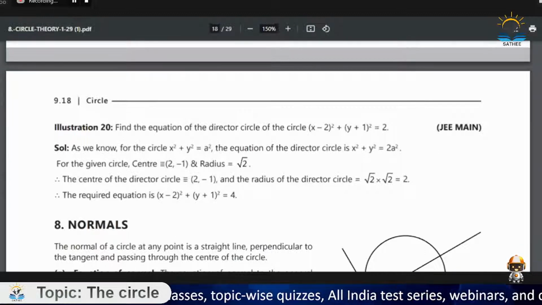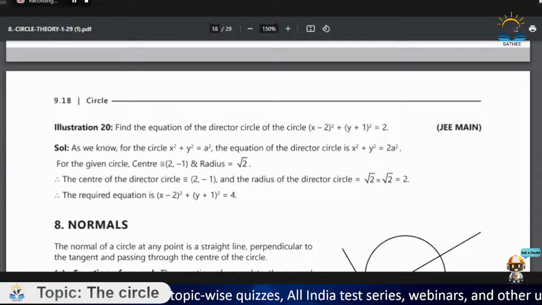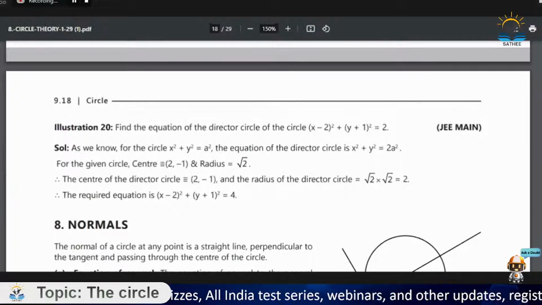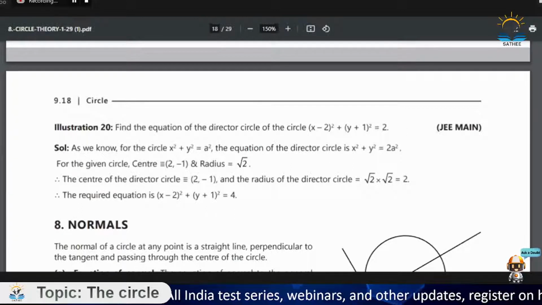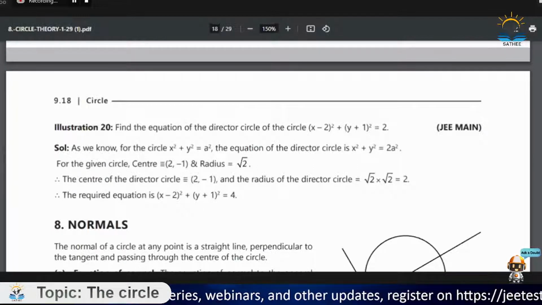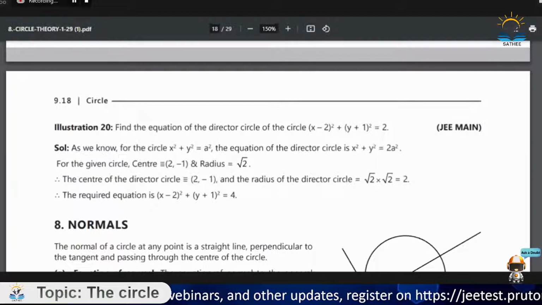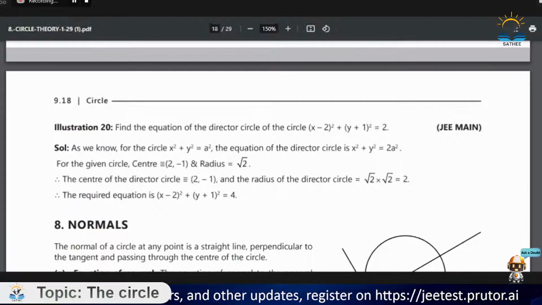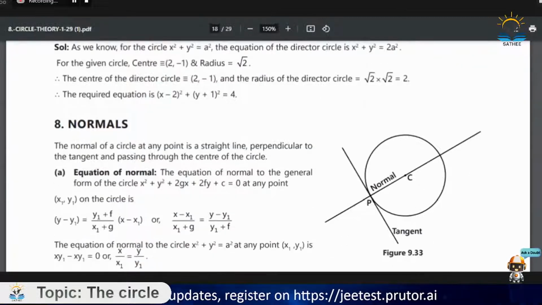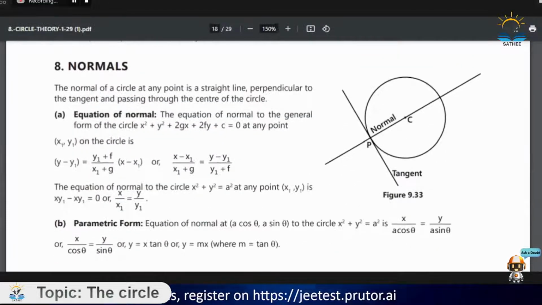So the center would be (2, -1) and the radius will become root 2 times our radius, that is root 2 into root 2, so the radius becomes 2. So we get the director circle's equation as (x minus 2) whole square plus (y plus 1) whole square is equal to 2 square, that is equal to 4. So we get the required equation. These types of questions also come in JEE Mains.